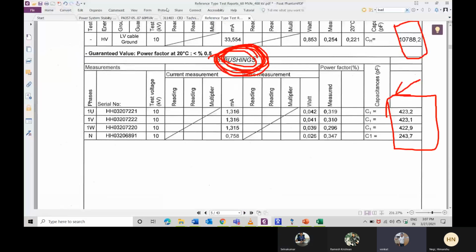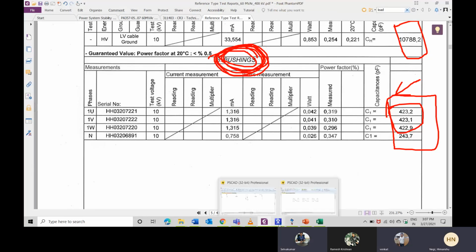You can take any one of them. Logically it is per phase. In reality it is not identical, right? One phase is 423.2, another is 423.1, and the other is 422.9. Okay, I get it. Understood.